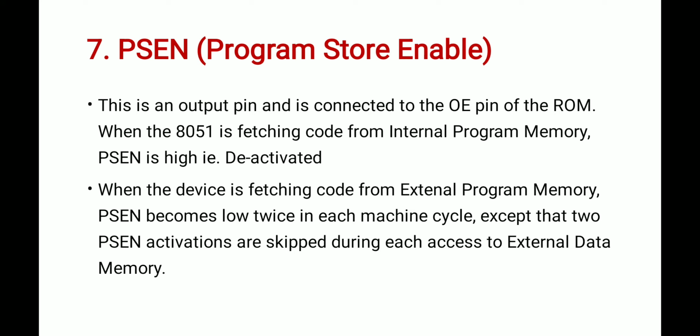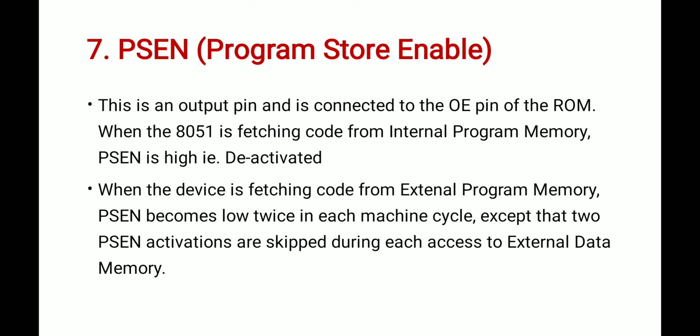When the 8051 is fetching code from the internal program memory, PSEN is high, that is deactivated. When the device is fetching code from the external program memory, PSEN becomes low twice in each machine cycle, except that two PSEN activations are skipped during each access to external data memory. This is the function of PSEN.